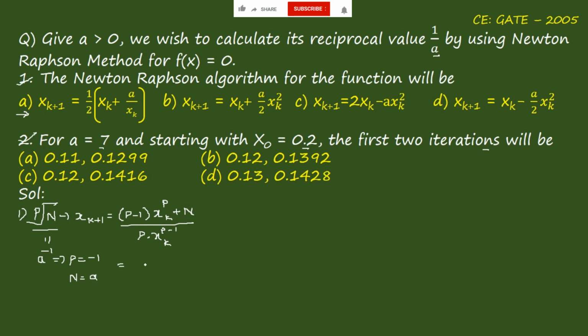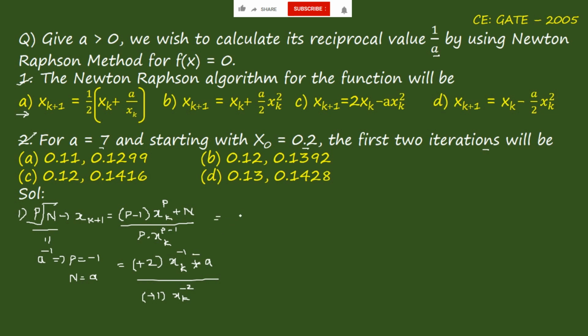Then it becomes minus 1 minus 1, which is minus 2, right? Minus 2 x of k power minus 1 plus a by minus 1 x of k power minus 2, right? Remove all the minuses first, it becomes, right?